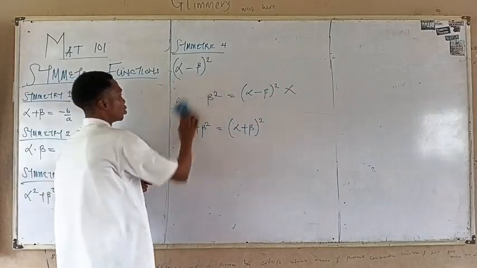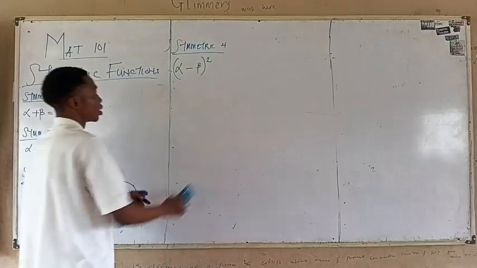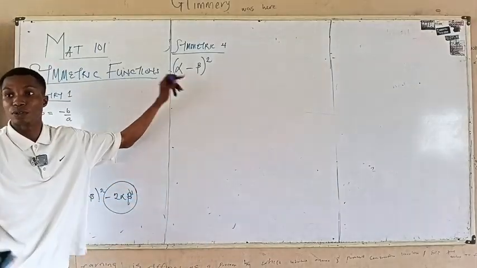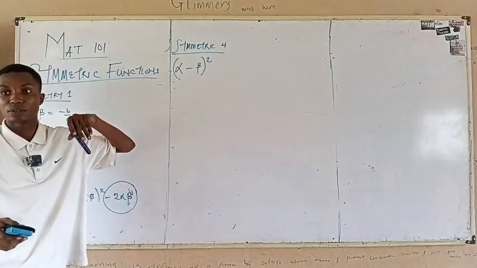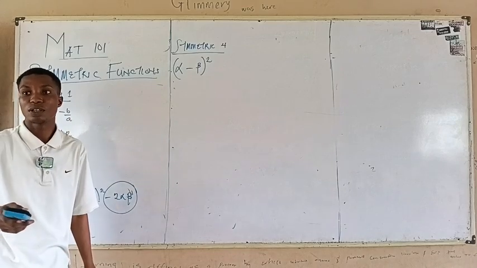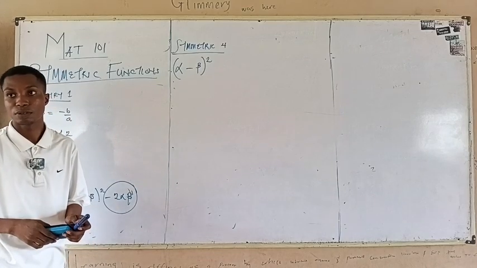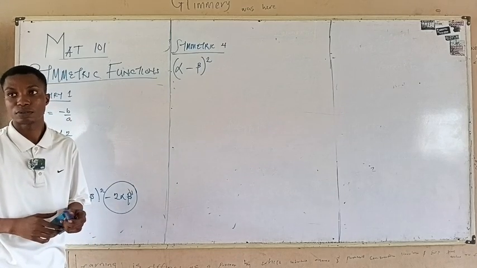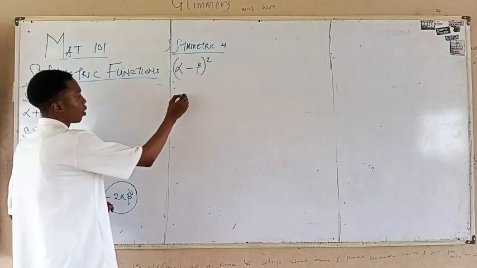So when you have alpha plus beta all squared, you don't take alpha squared plus beta squared.